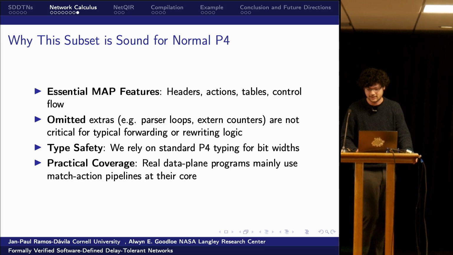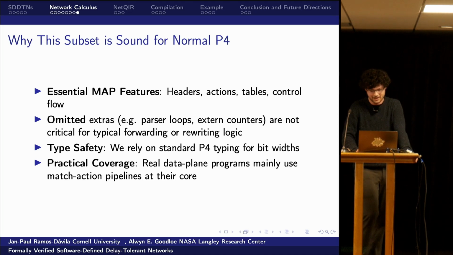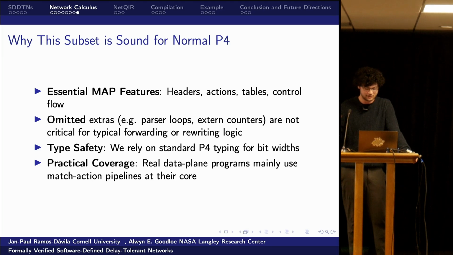So there's something important here we have to take into consideration, which is why this subset is actually sound for, quote, normal P4. Again, I'm given P4 code, and the idea here is that I want to make it so whatever code they give me still works within these semantics, but I don't want to overcomplicate my semantics.